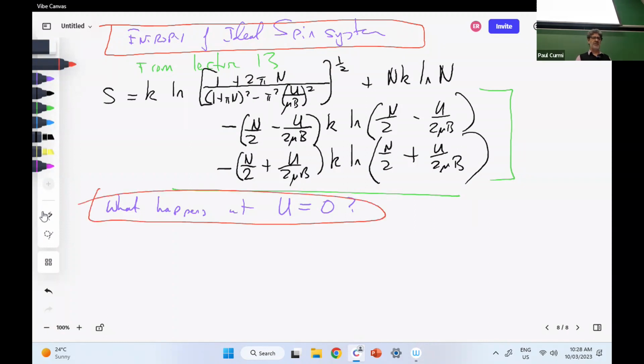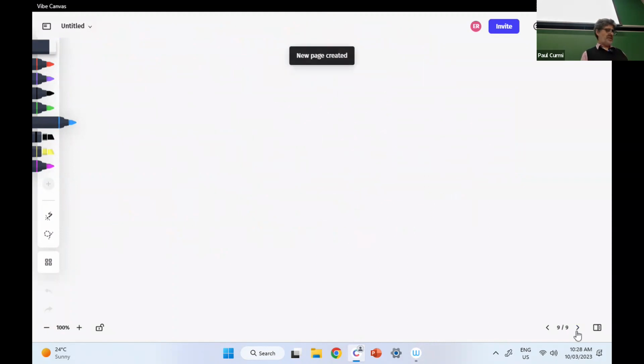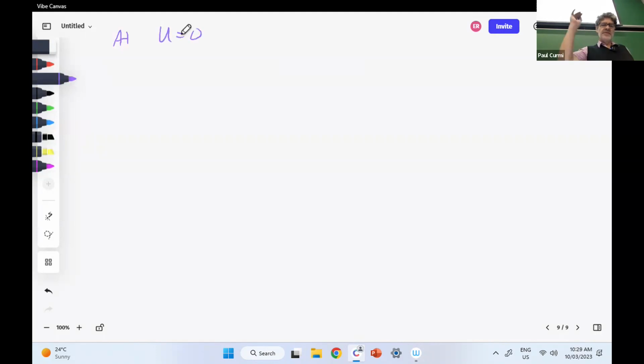At energy equals 0, you have N/2 spins up and N/2 spins down. I can derive some stuff on that, so let me do that on a separate sheet. At U equals 0, this is my maximum value.